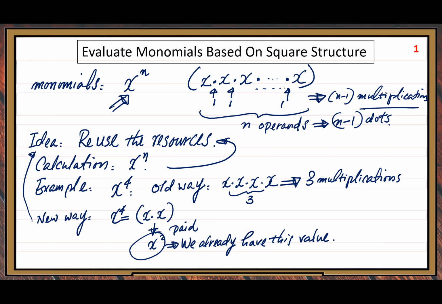No, you don't need to pay. You have it. You just reuse it, okay? It is already in your hand. You just use it directly. Don't pay for it another time, right? Okay, so now the next time, because x to the fourth, we have another x squared, but the second time we do not pay here, because we reuse it.